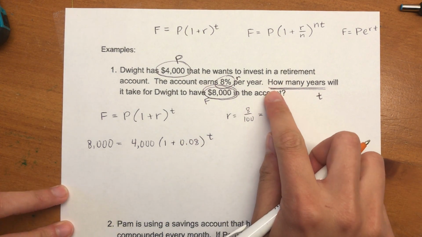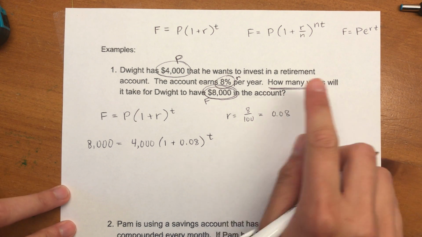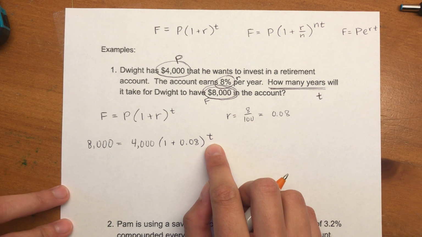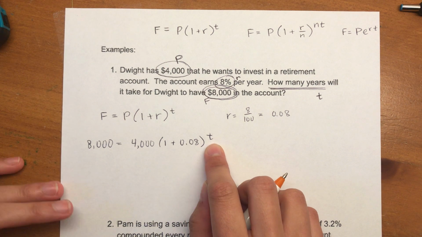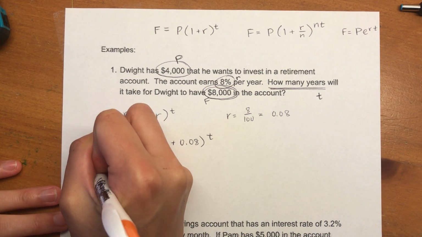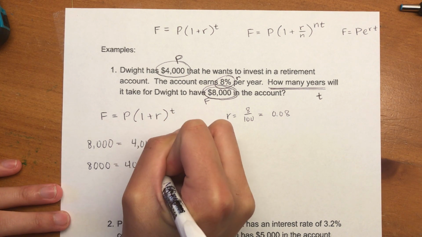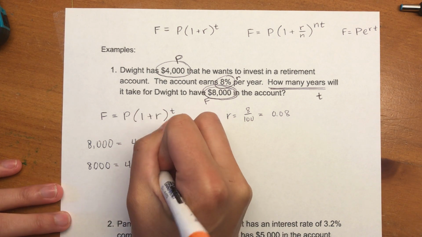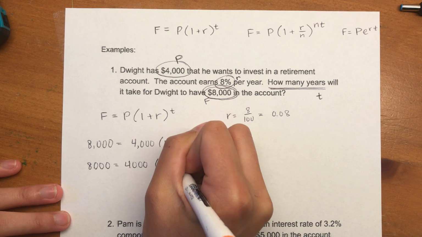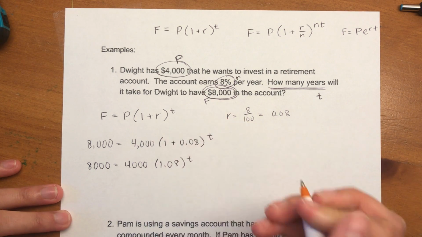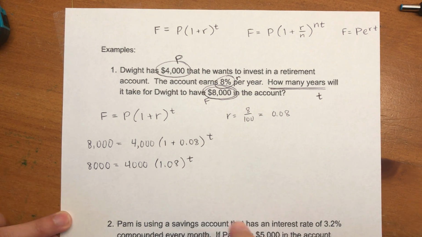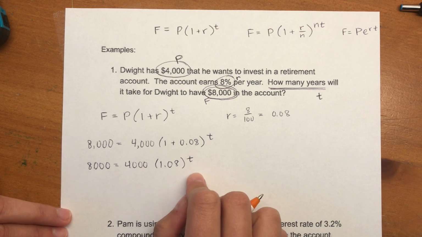We want to figure out how many years, so we're solving for t. If I first simplify wherever I can, I add 1 plus 0.08 to get 1.08 to the t. Now I have an exponential expression.